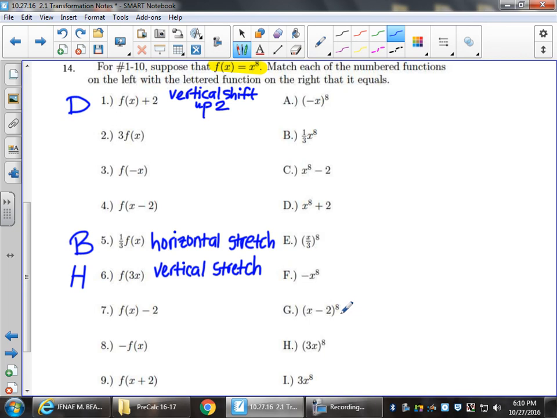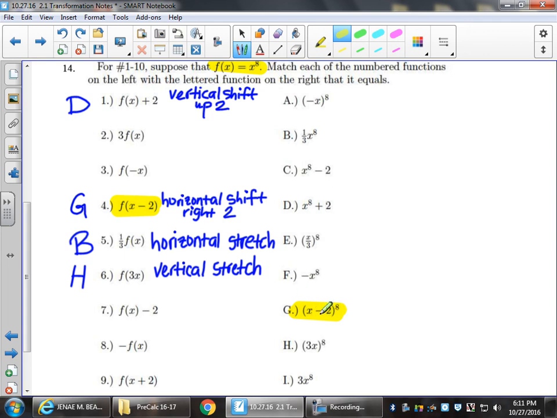G. And again, this was a horizontal shift right 2. So the general function notation represents a shift right 2, which directly matches, just for emphasis, the original x to the 8th function being shifted right 2.